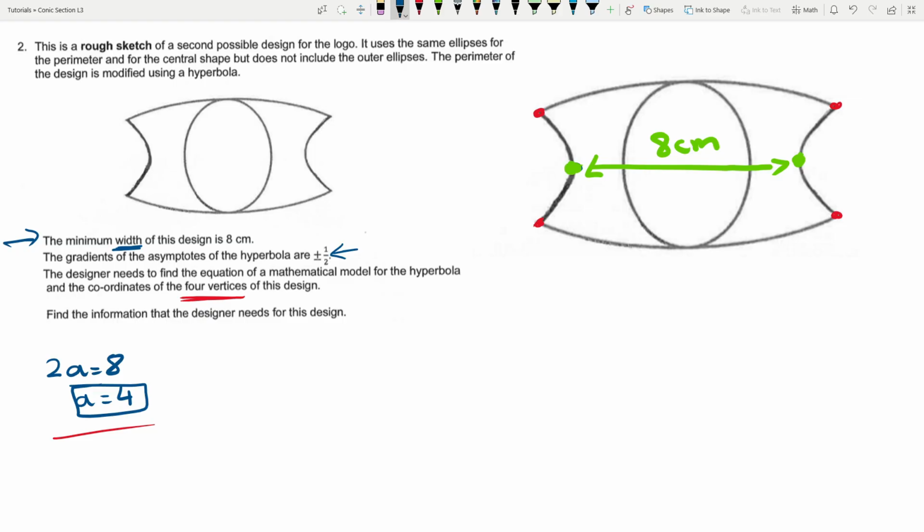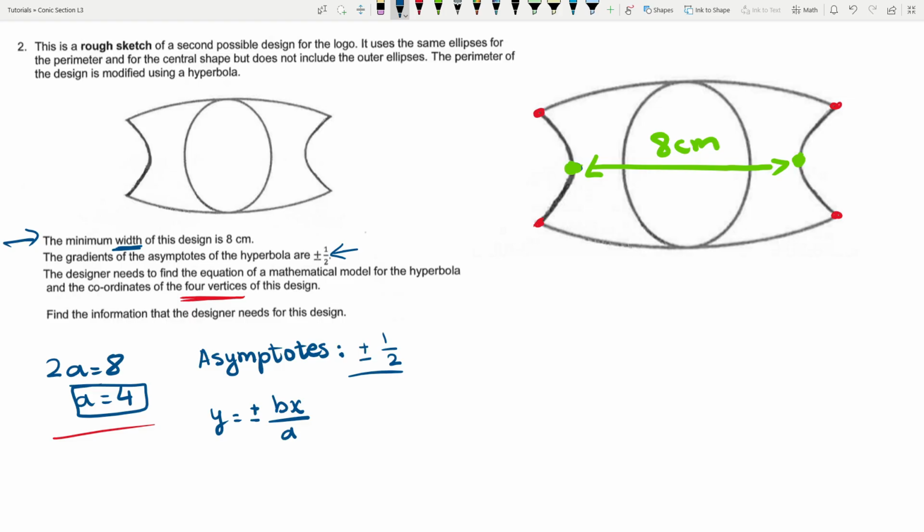Now it says the asymptote is plus or minus 1 over 2. There's a formula which says the asymptote is y equal to plus minus bx over a.